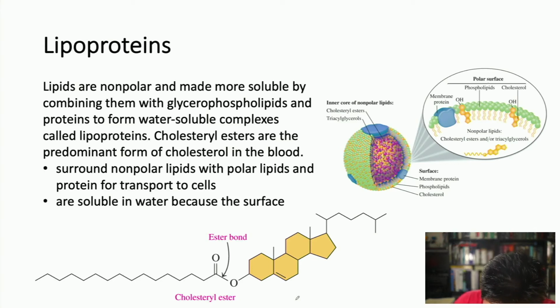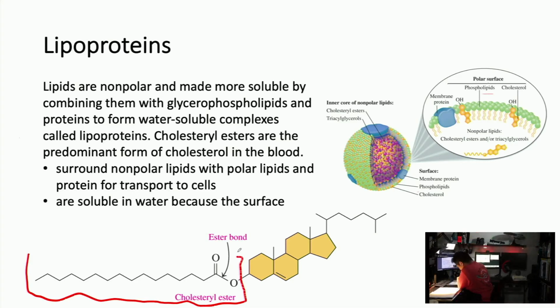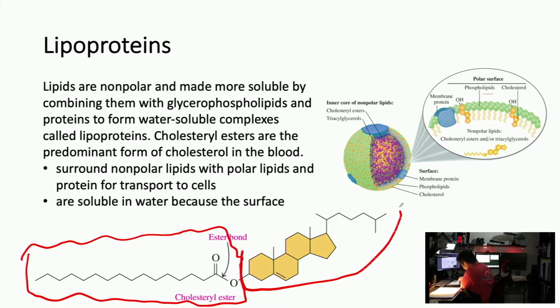Well, consider this is the fatty acid that was broken down from the triacylglycerol that you consumed, right? And it was broken down by lipases in your stomach and your small intestine into its substituent fatty acids, and it's attached to then a cholesterol, right? So this entire thing is called a cholesterol ester.